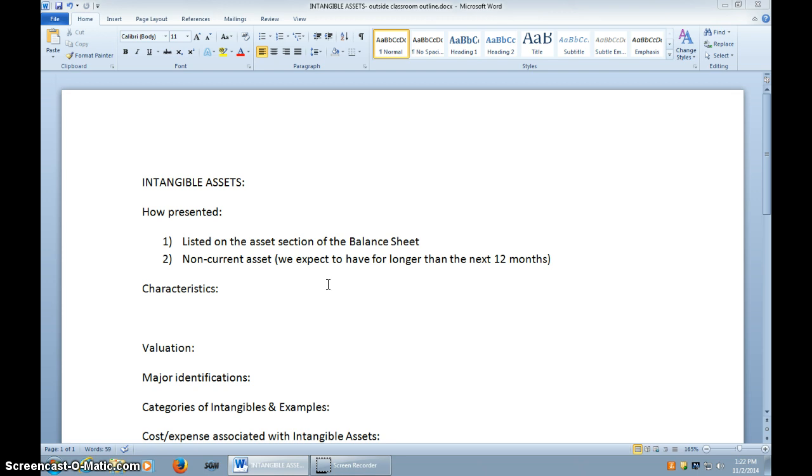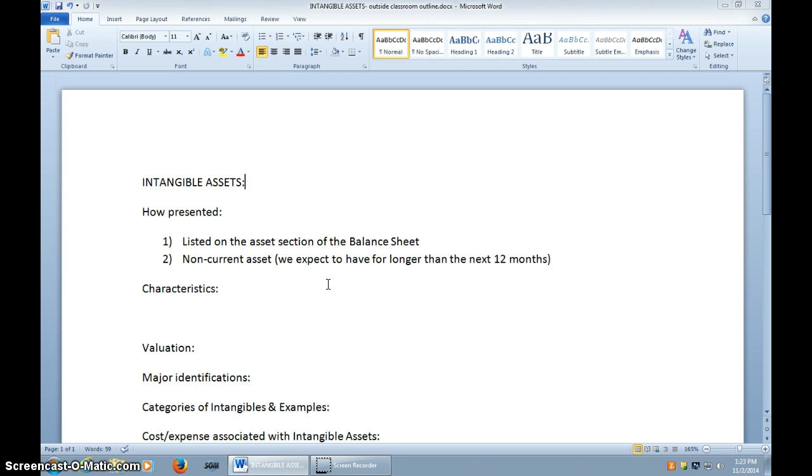We talked about machinery, equipment, land, buildings, vehicles. Those types of assets are listed in a separate category on the balance sheet under the non-current asset section.